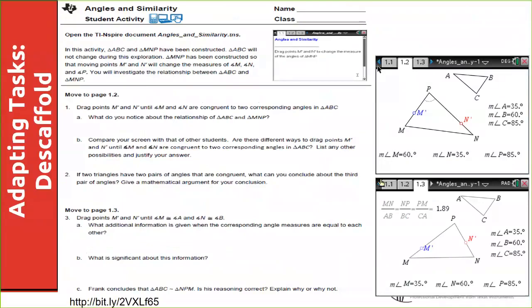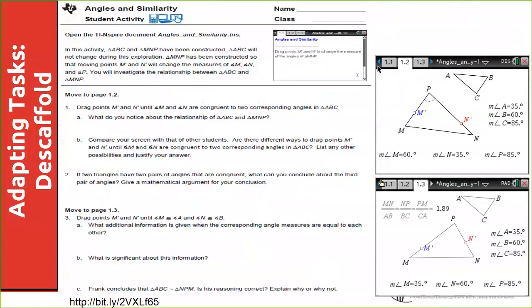What you notice is the difference between the 2 pages in this lesson shows the ratios of the sides when you actually have M prime and N prime the same angle measurements, or triangle PNM is the same as ABC.